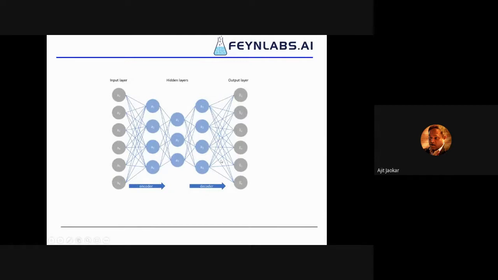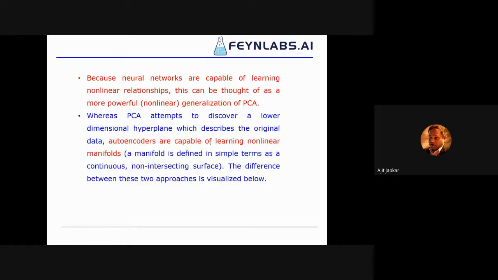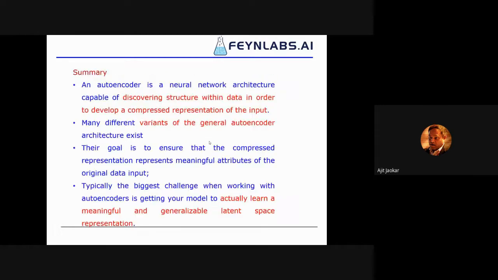The bit in the middle is the most important one, because that's the one you're trying to represent or compress, and that's your goal. So once you are able to find what is called learning a latent space of the representation, you can do other things with the latent space.